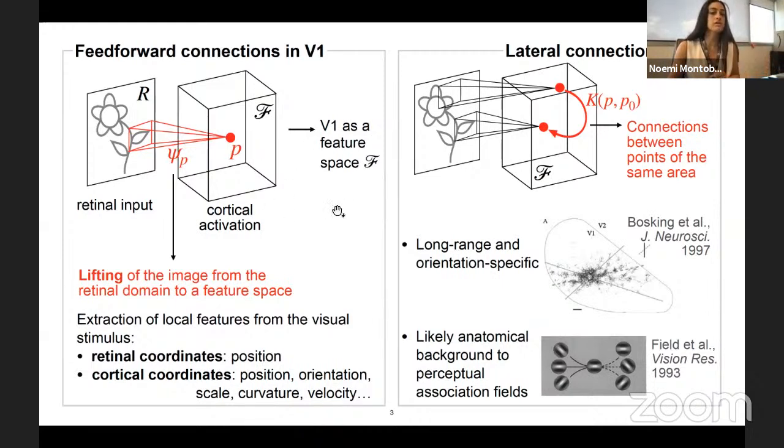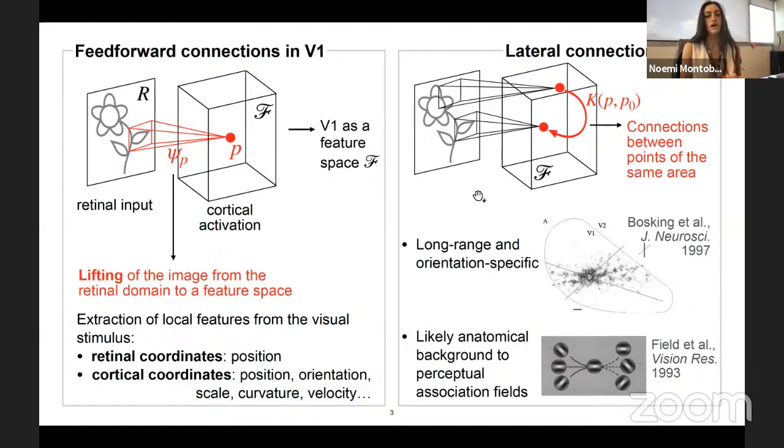So V1 can be modeled as a space of features. On the other hand, lateral connections link units that belong to the same area. We can think about them as a connectivity kernel that expresses the strength of interaction between points of the feature space.